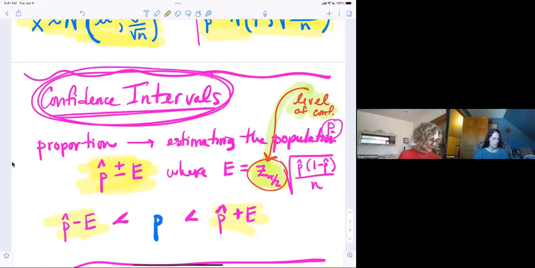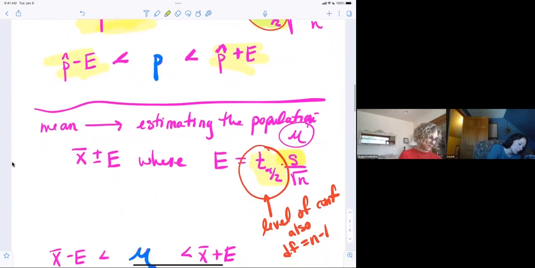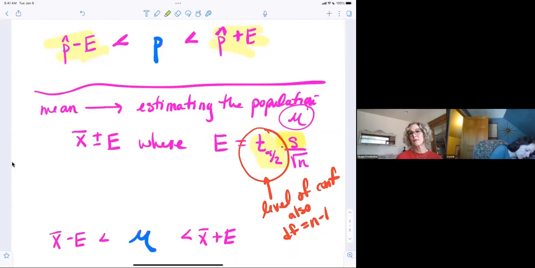Okay, let's compare that now with the mean. With the mean, you're estimating the population parameter mu, where you're still taking that sample statistic, X bar, and adding and subtracting the error. Well, your error is a little bit different. Your error in this case is a critical value with T, the student's T distribution, and then we multiply that times S over square root of N. Your critical value T is dependent upon the level of confidence and the degrees of freedom.